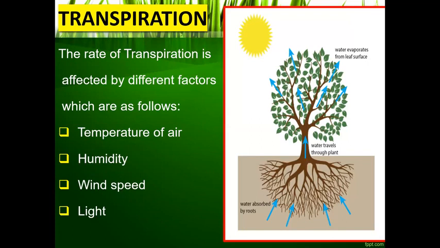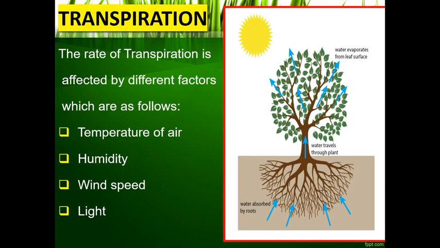The rate of transpiration is affected by different factors. These different factors are temperature of air. High temperature lowers the humidity content in the air. As a result, rate of transpiration increases.